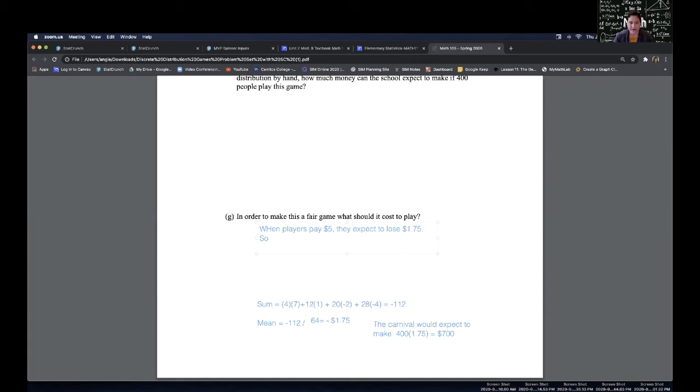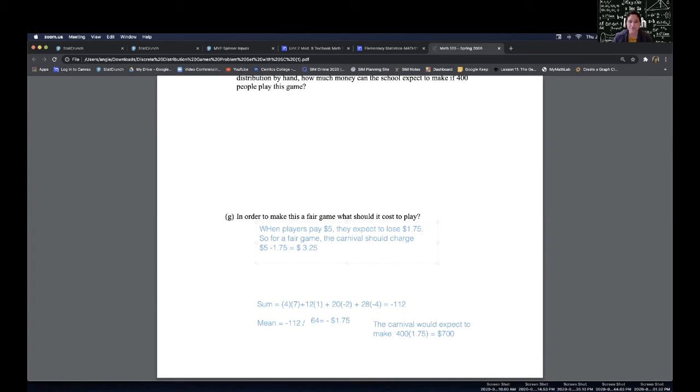So for a fair game, the carnival should charge, originally it's $5, right? But they're going to take away that $1.75 off the cost so that the player doesn't lose any money. And so that's going to be $3.25.